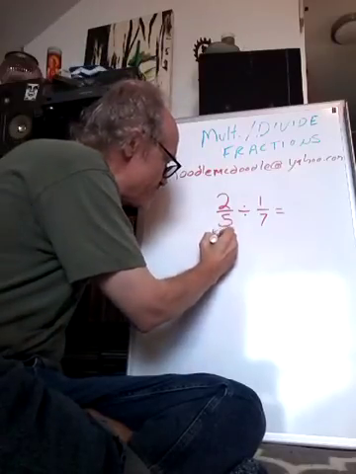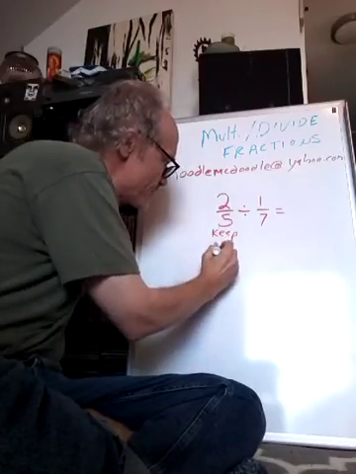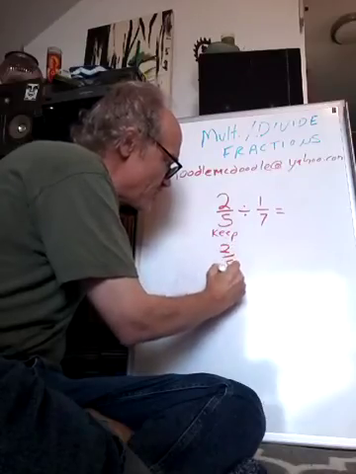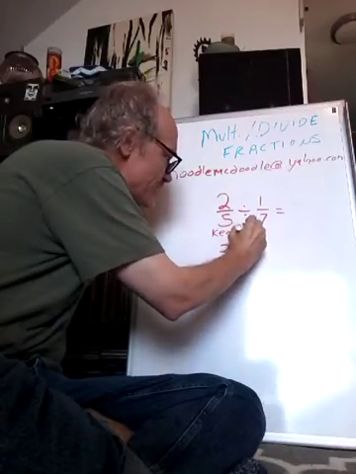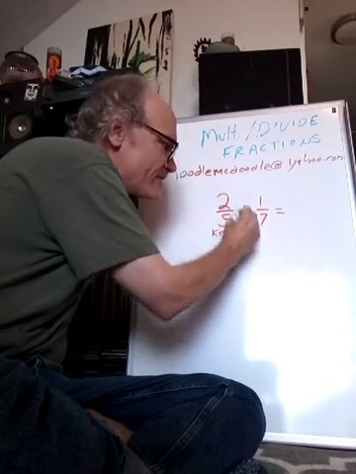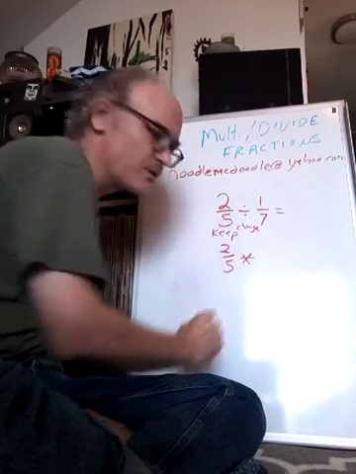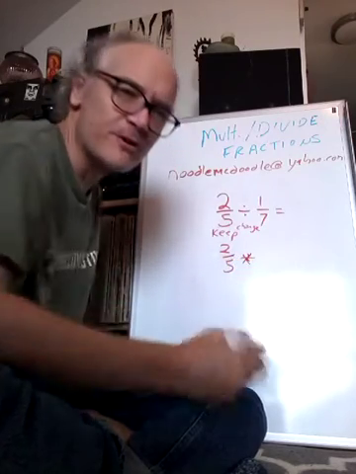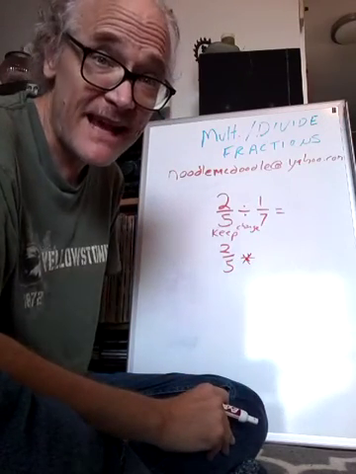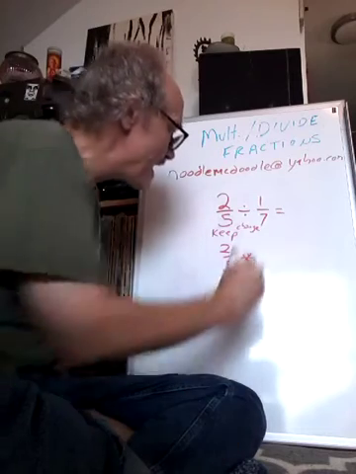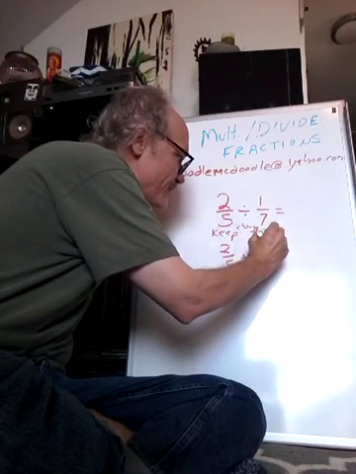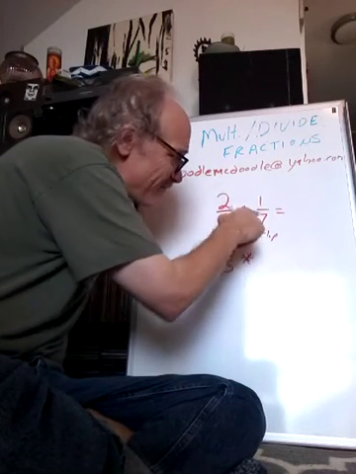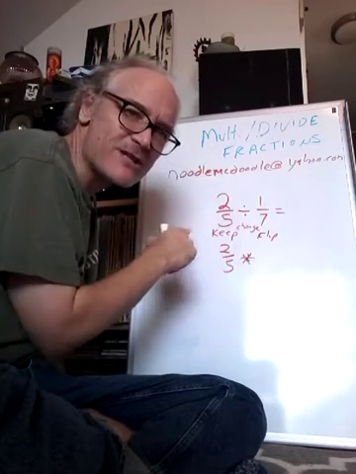We keep this one the same, keep, so I'll rewrite 2/5. We change the division symbol into a multiply symbol. I like using a little star for my multiply. You might also see an X or a dot. And then we flip. That means I flip this second fraction upside down.